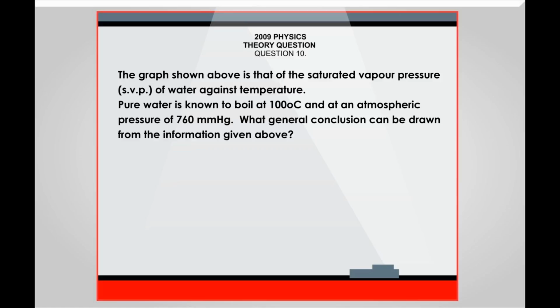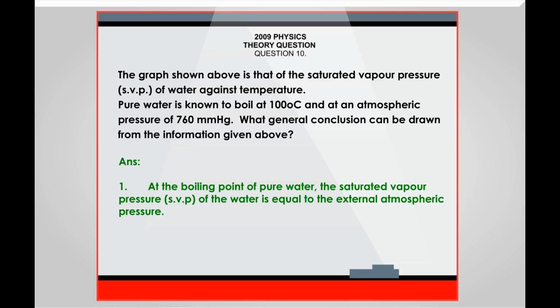What general conclusion can be drawn from the information given above? Answer. At the boiling point of pure water, the SVP of the water is equal to the external atmospheric pressure.